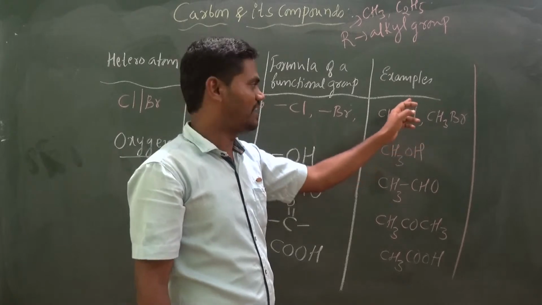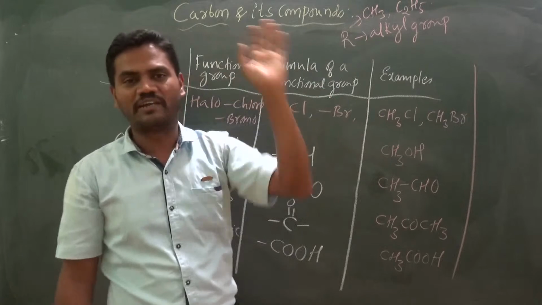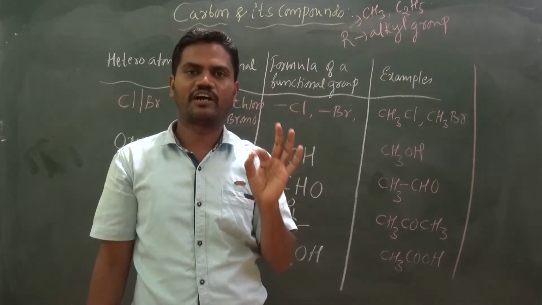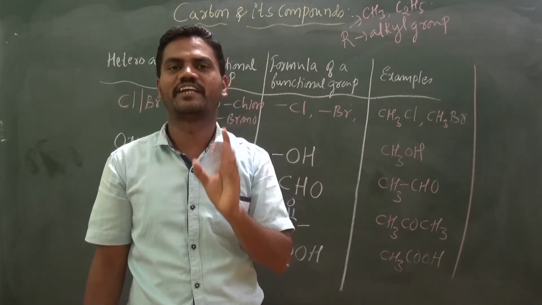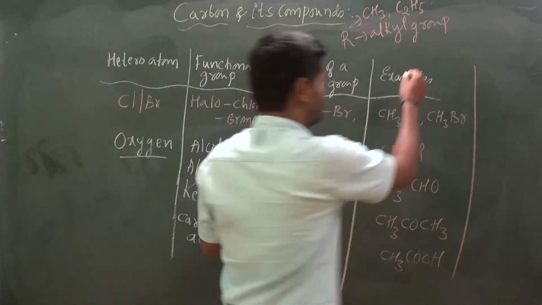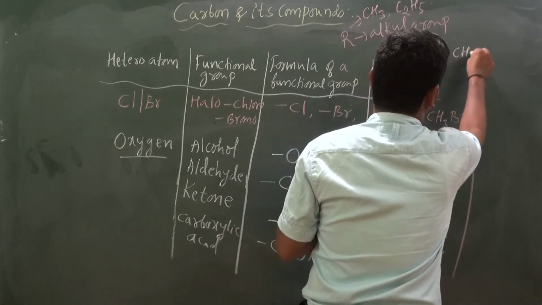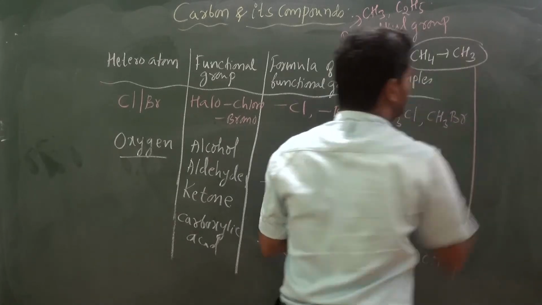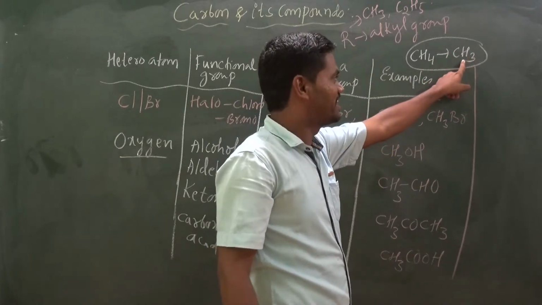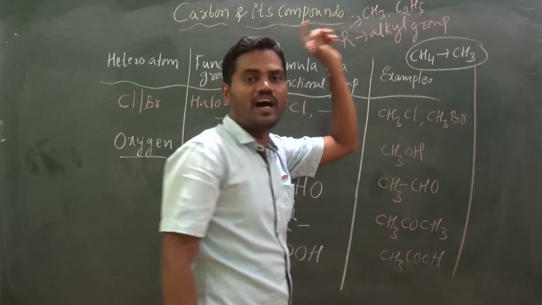R is nothing but an alkyl group. What does alkyl group mean? A hydrocarbon which differs by one hydrogen is known as an alkyl group. Already you know methane is one of the hydrocarbons. Methane, a hydrocarbon which differs by one hydrogen, is known as an alkyl group.